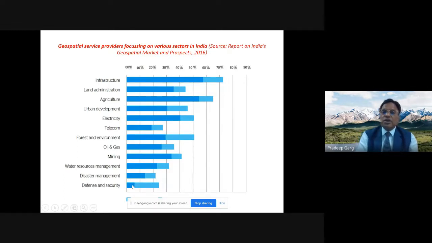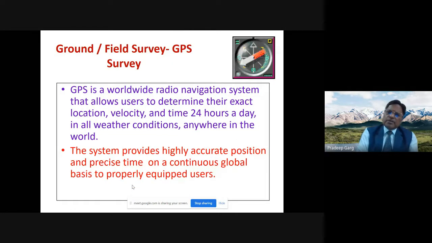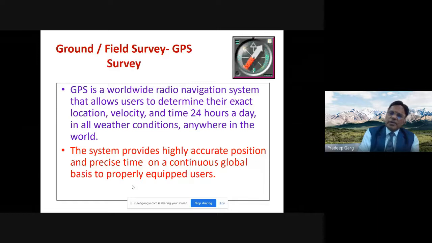So you can see here that the dark blue color is the area which shows the present use, and the lighter blue area shows the future use. So maximum use is done in the infrastructure planning, and then the agriculture, and then there is an application in other fields also. So GPS basically is providing us a very good amount of data with the least efforts.